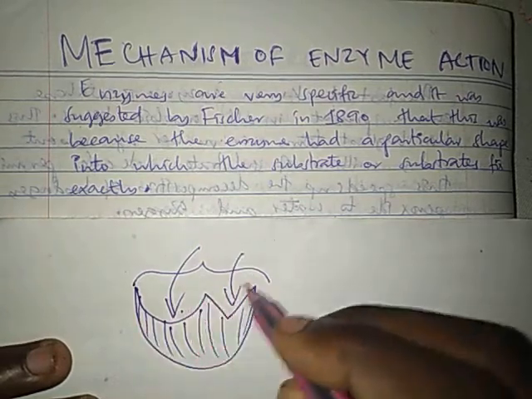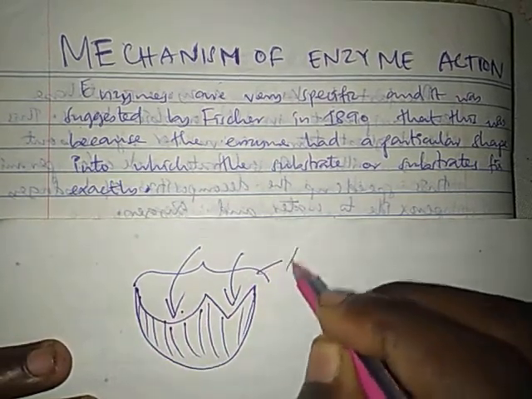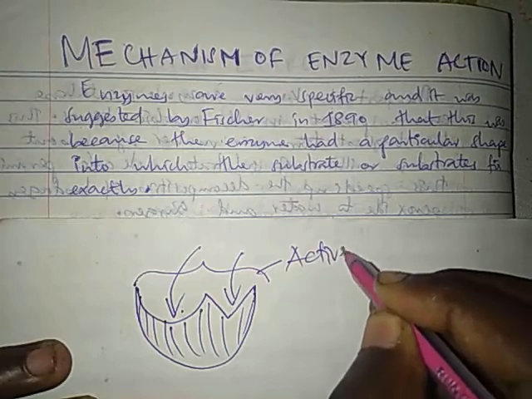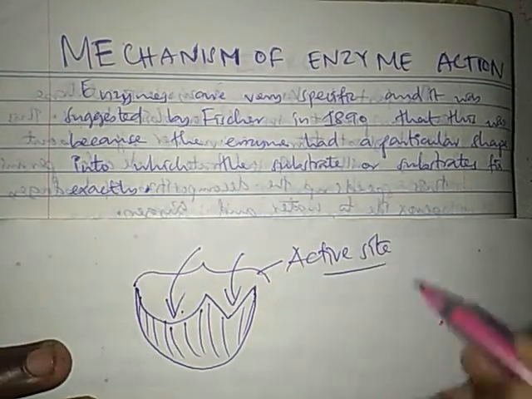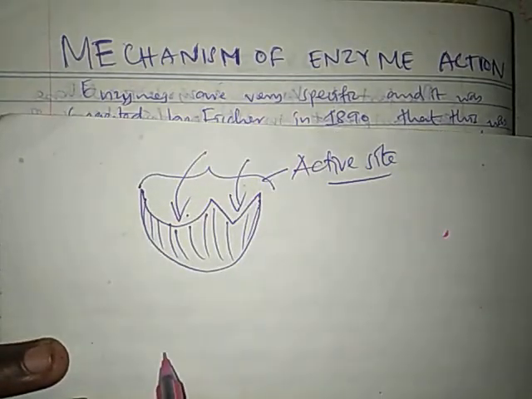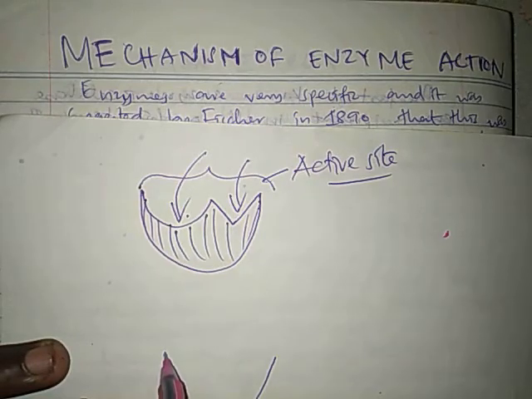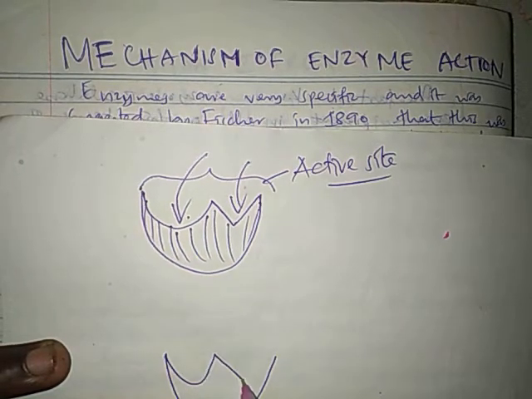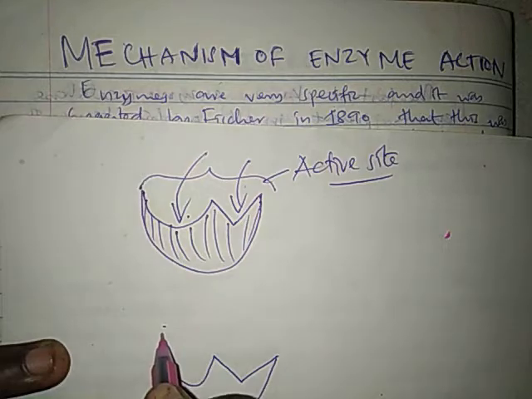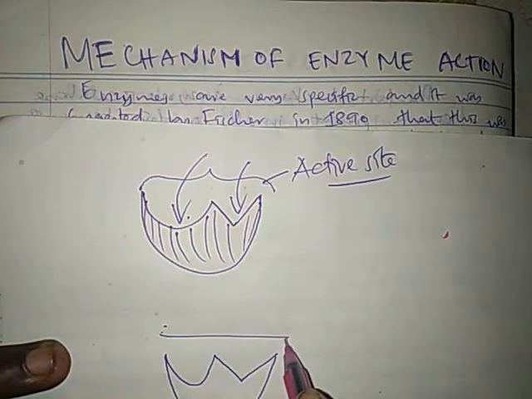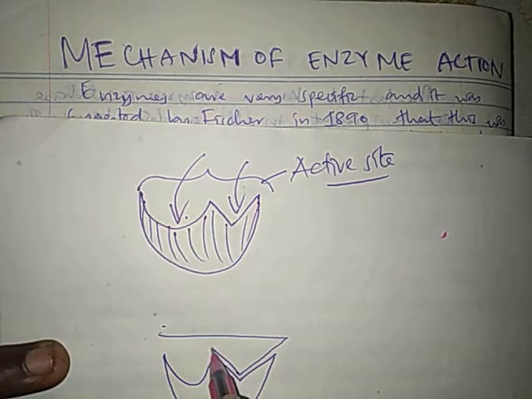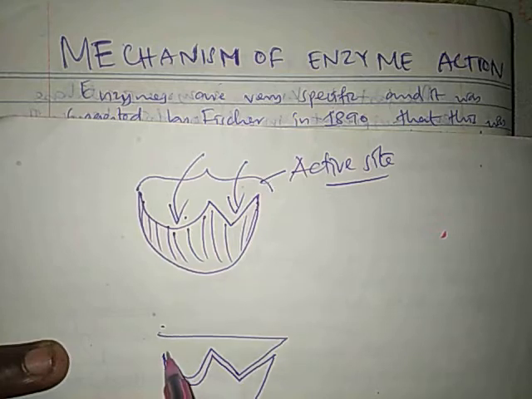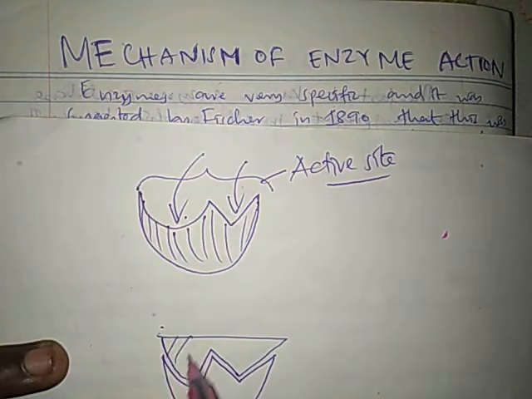Kwa hiyo hapa ndipo substrate inakuja kukaa. Na hapa ndo panaitwaje? Panaitwa active site. Kwa hiyo kama hii ndo enzyme yetu, substrate wetu anaweza kuwa ana shape kama ile pale. Na akaja kubind hapo.